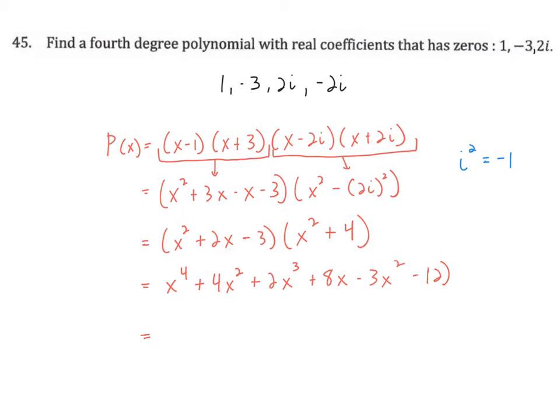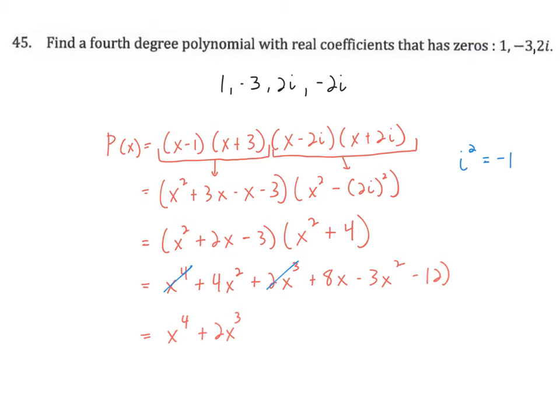Okay, so now we'll kind of put it in order and combine any like terms. Yeah, okay. And I'll cross out terms as we use them. So x to the fourth, and then we have just that one cubed term, 2x cubed. Is that right? We only had one cubed term?